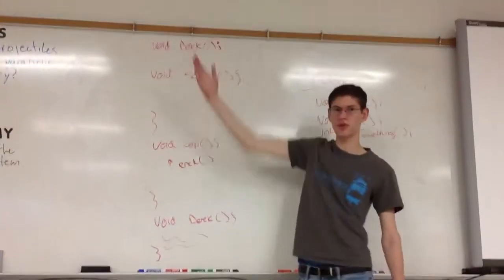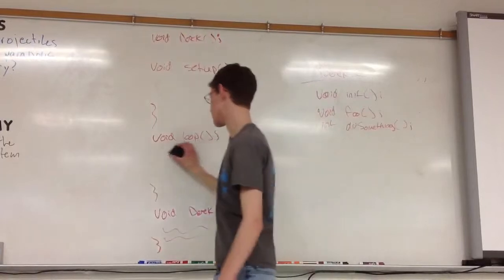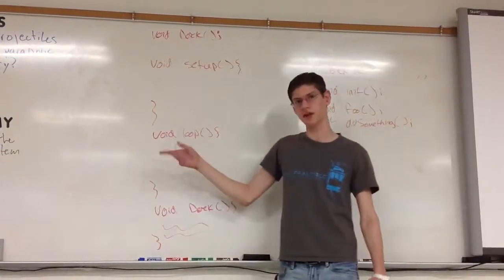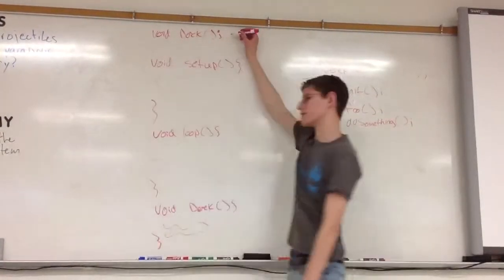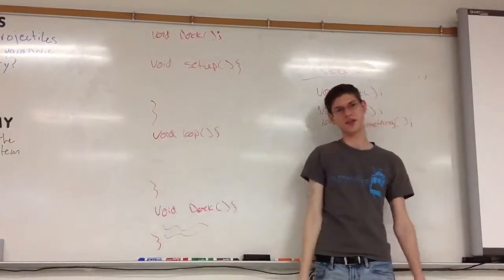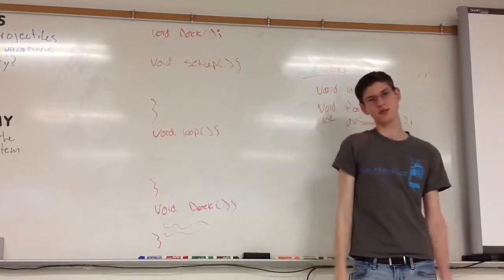That's the main reason function prototypes exist. However, they did something with the Arduino language, and it doesn't really matter anymore. I can define this function anywhere, and I can call it in here, and it won't give me an error. But you can still make a function prototype, and that's what this is up here. It's pretty much saying, I'm going to eventually define a function named Derek, and that's what it's going to look like, but I'll do it later.